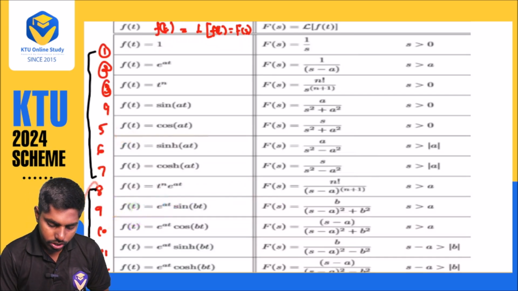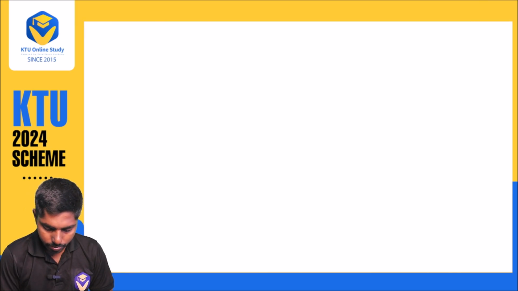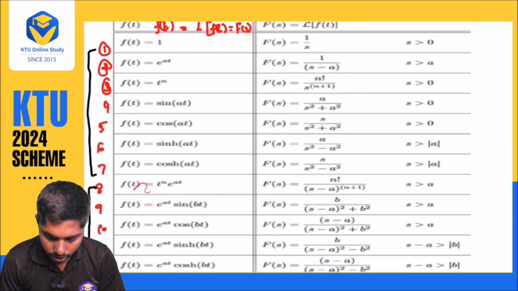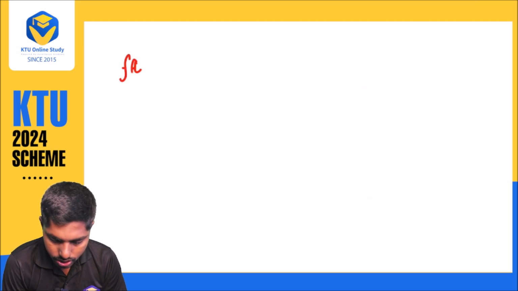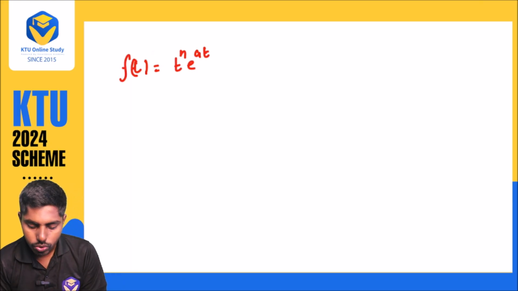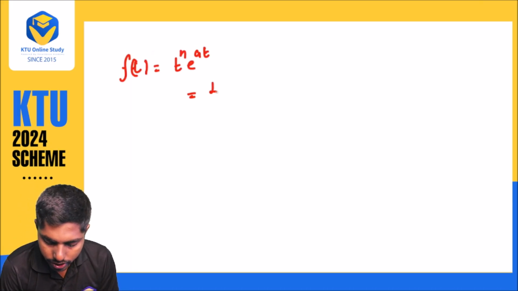We will learn about the shifting theorem, so don't need to think. Suppose they have given f of t equal to t power n into e power at. See what I have told you, we know about L of t power n e power at.